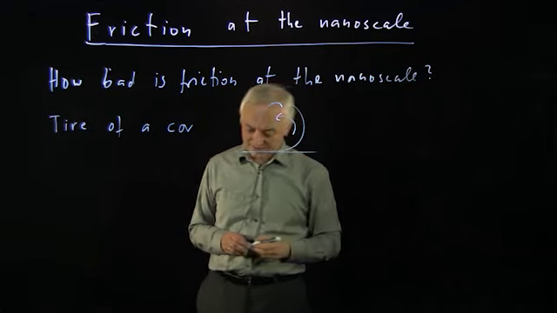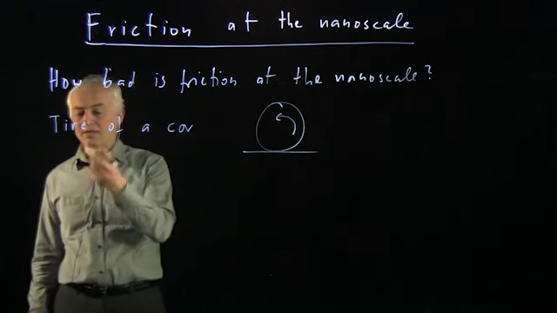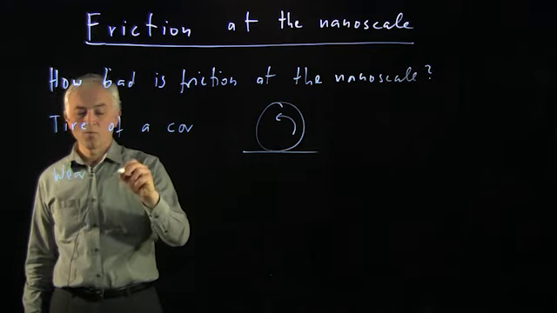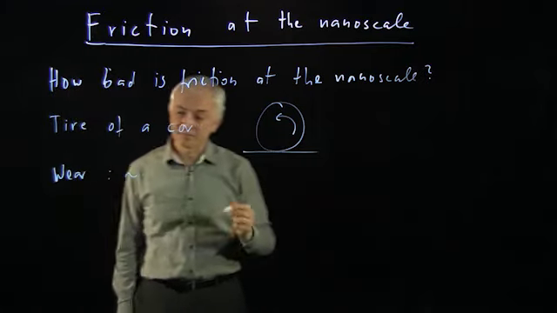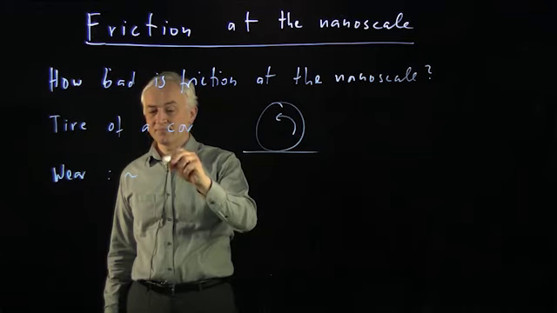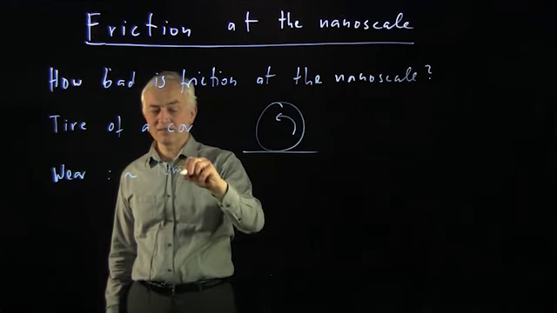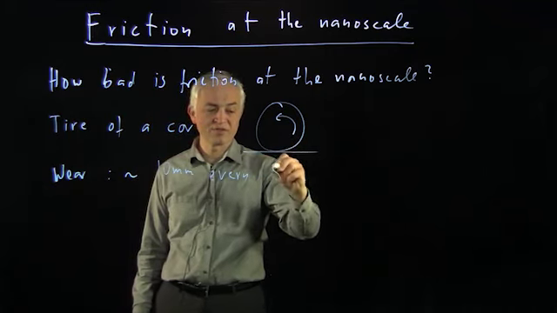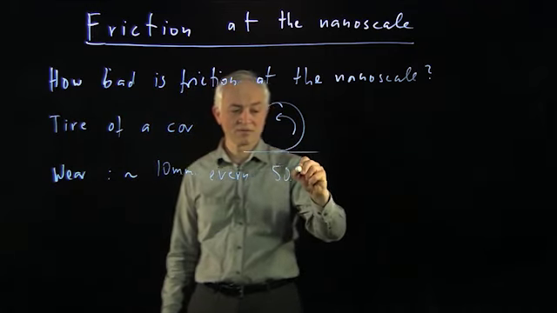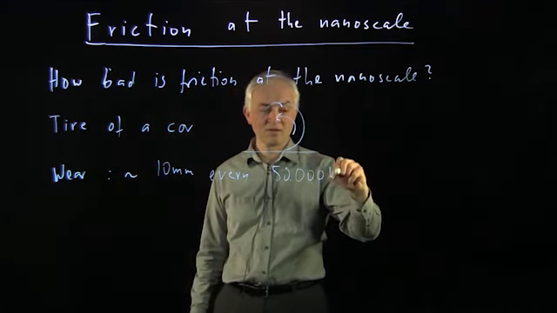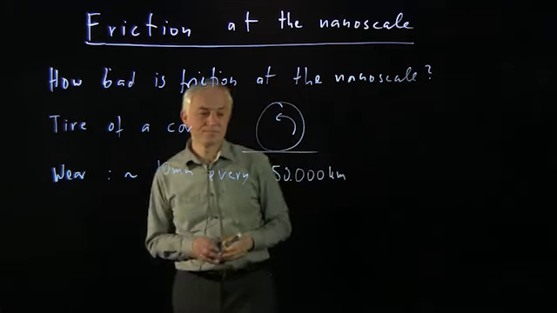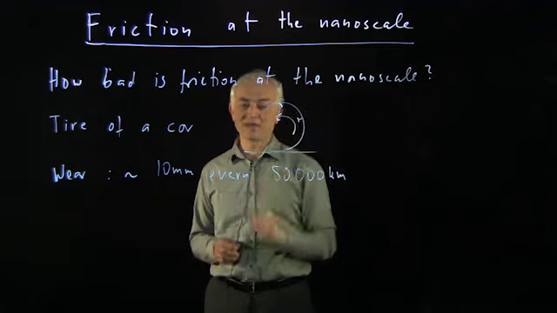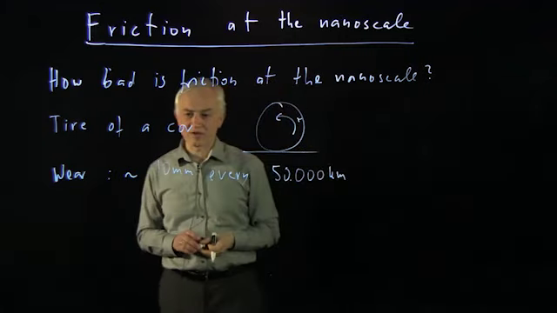So let's say that this tire maybe wears off on the order of maybe, let's say, 10 millimeters every maybe 50,000 kilometers. So that means we take off a number of atomic layers here every 50,000 kilometers.